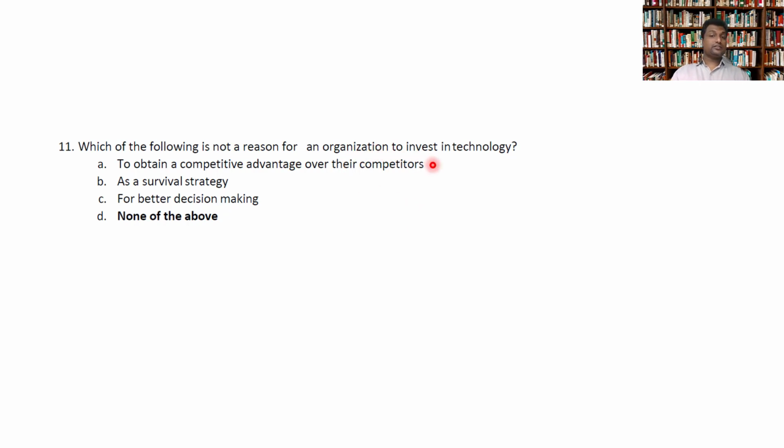So organizations invest in technology to get help for better decision making. So none of these three is a reason not to invest. The answer here is none of the above. Right. Now let's move on to question number 12.